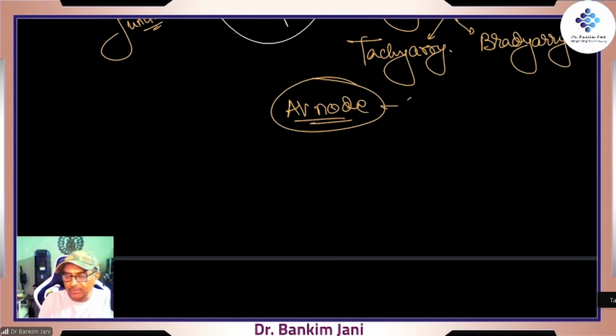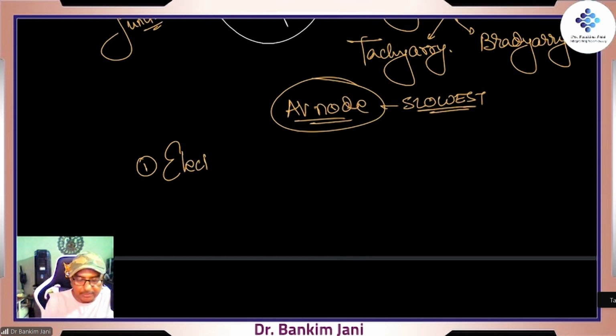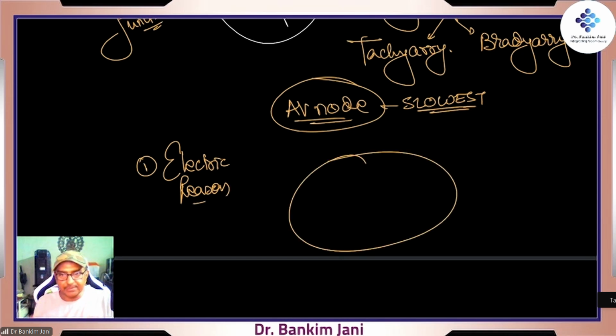We said that the AV node is slowest. They are tissues, so how is it so special that it goes at such a slow pace? There is one electric reason, and one histological reason. The electric reason first. This is the cell, so let's sit inside the cell.